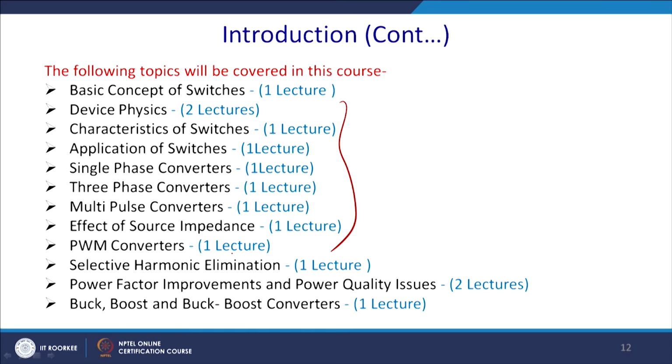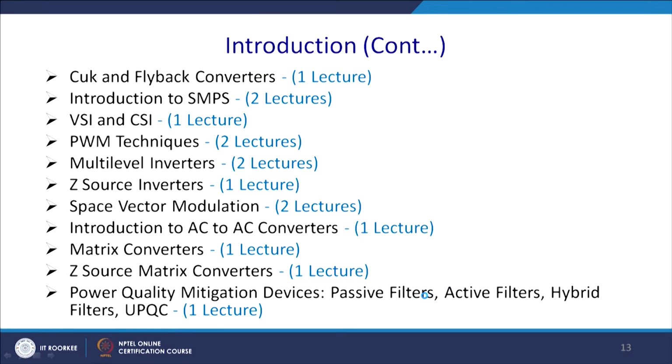Thereafter we will see selective harmonic elimination, power factor improvement and power quality issues, and from this point onward we shall go for the DC to DC converter. Till now it was AC to DC. Now from this onward it will be DC to DC converter. We will have different kinds of isolated and non-isolated DC to DC converters, Cuk converter, flyback converter.